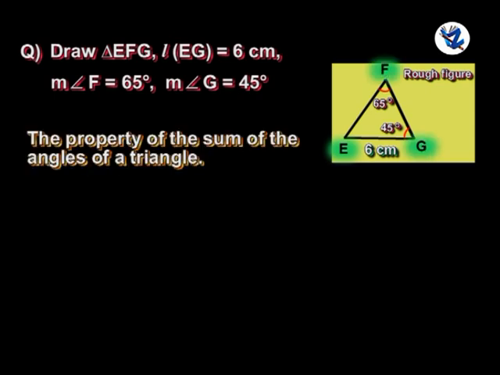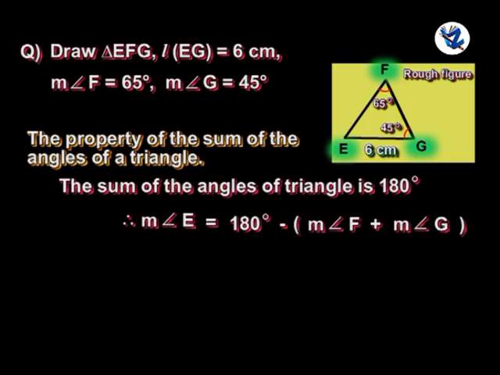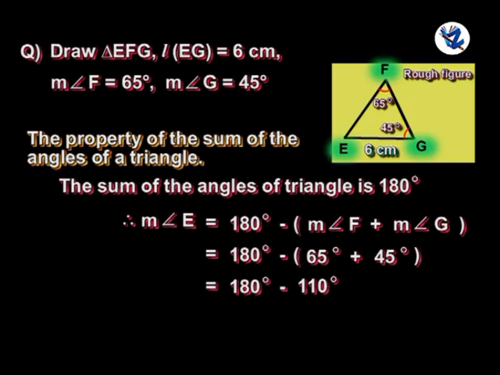Now we know the property of the sum of the angles of a triangle. The sum of the angles of a triangle is 180 degrees and therefore measure angle E is equal to 180 minus (measure angle F plus measure angle G), which is 180 minus (65 plus 45), equal to 180 minus 110, equal to 70 degrees.